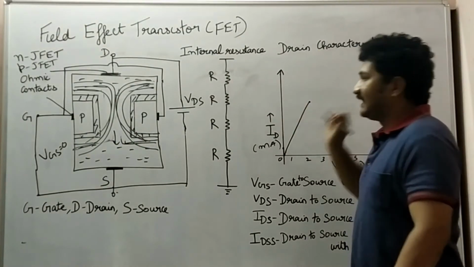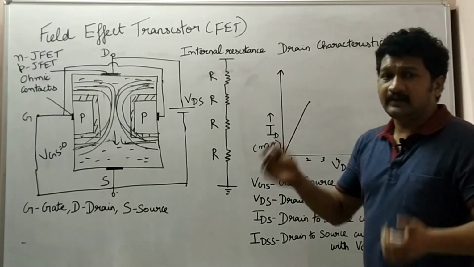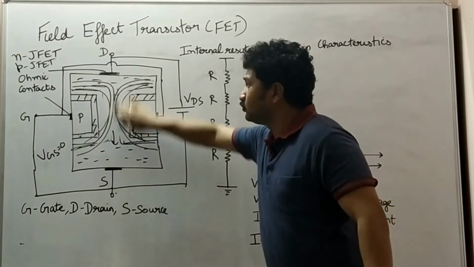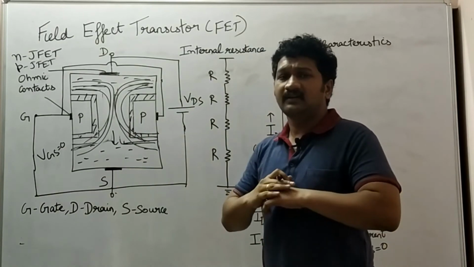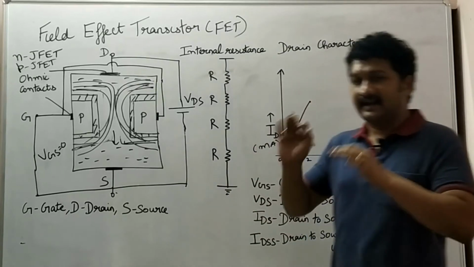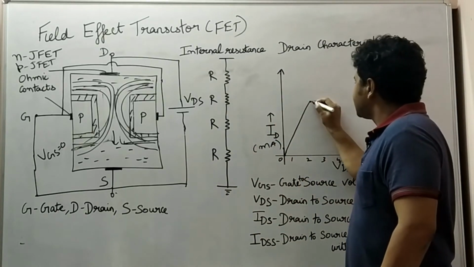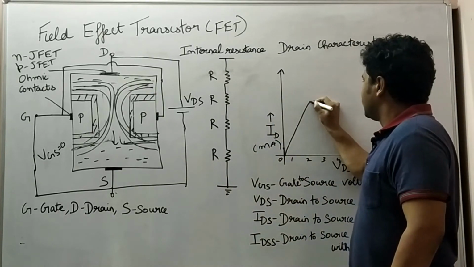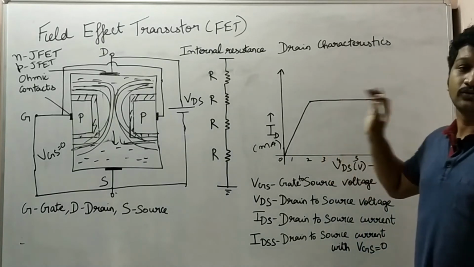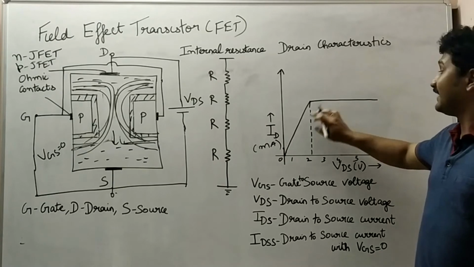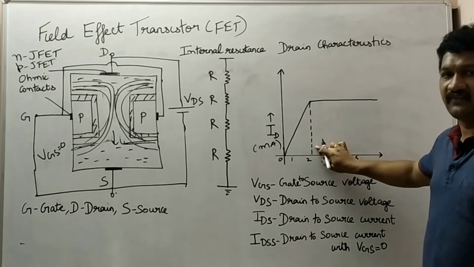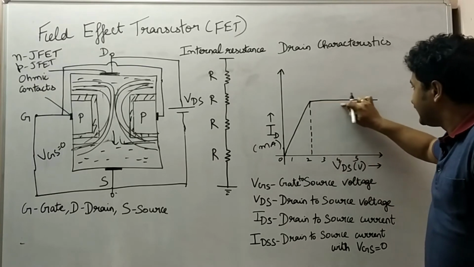This is that point, above which there is no transfer or movement of electrons from source to drain. The movement or transfer of electrons is obstructed, and at that point the current starts to be constant. At this point there is no further movement of electrons and the current remains constant.